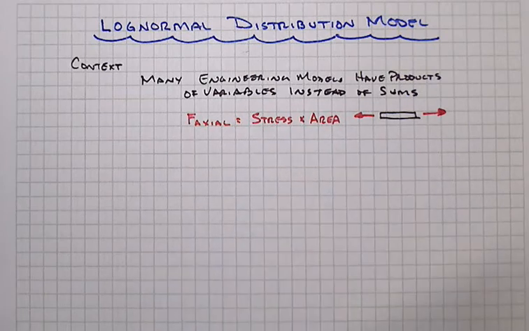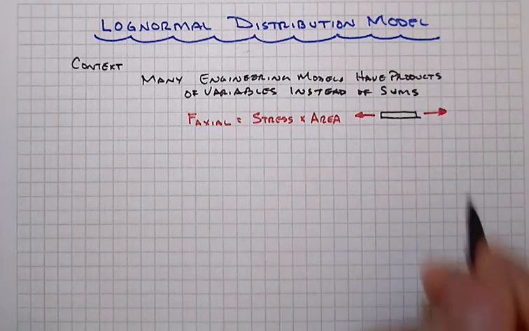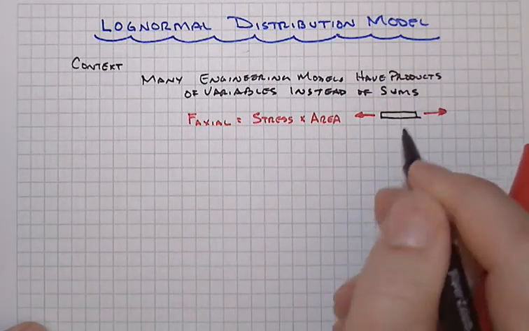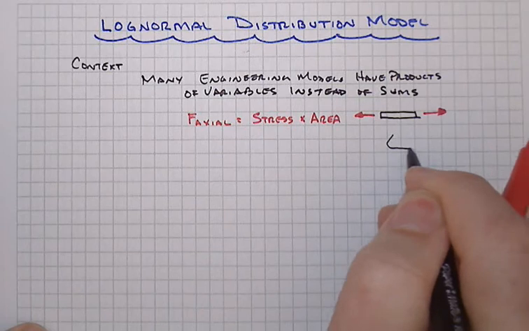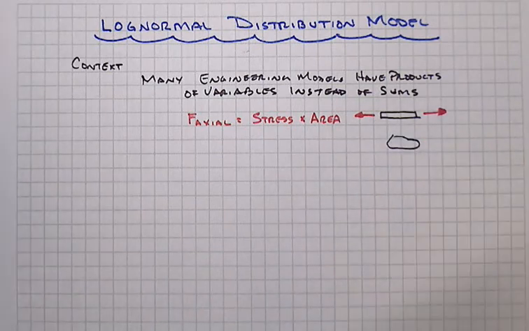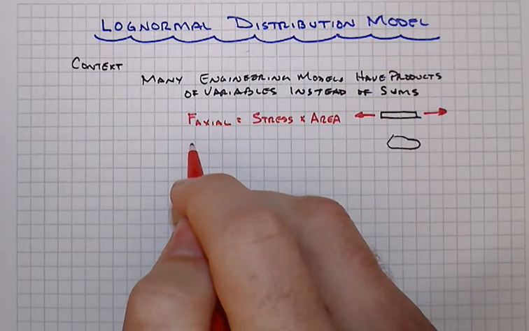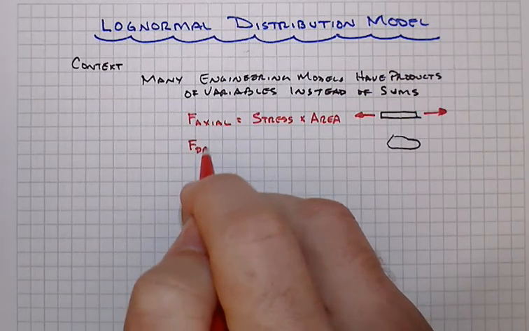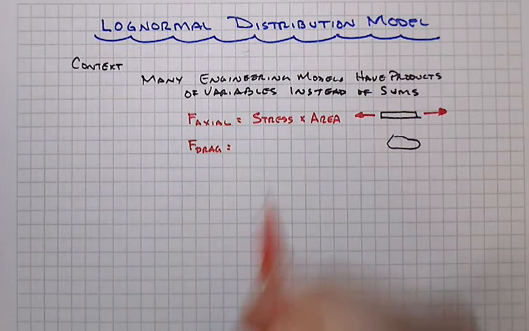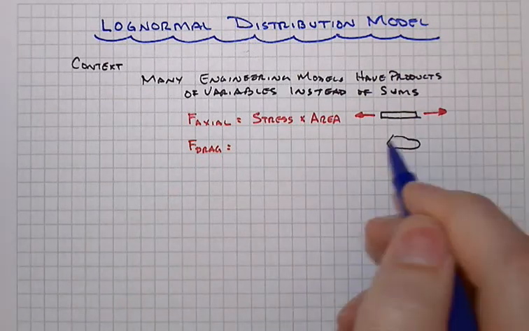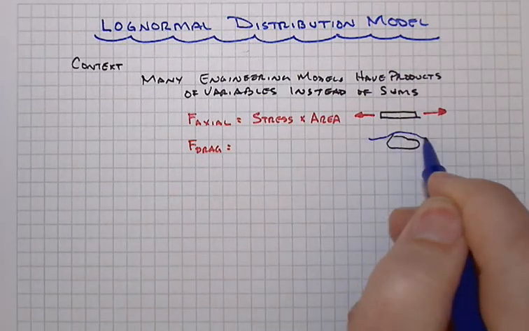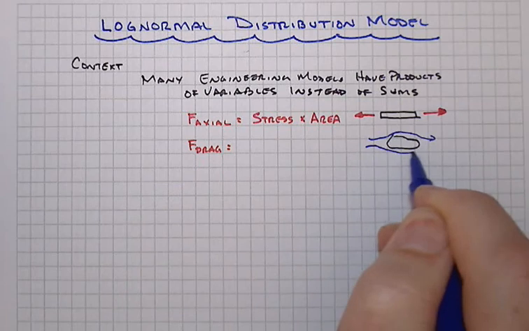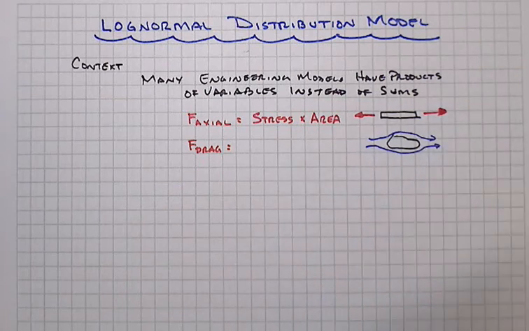Okay? Another very common situation where we end up having products is one where we have fluid flowing past an object, and we start looking at, say, the drag force on that object. So the fluid flow has to part around the object, and there are lots of different ways to begin to describe this.